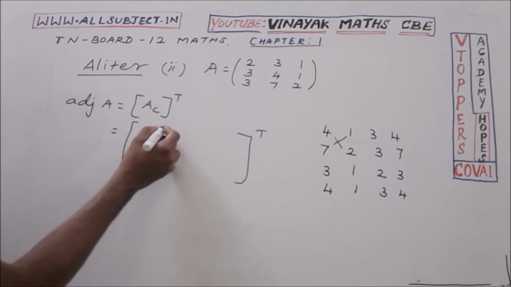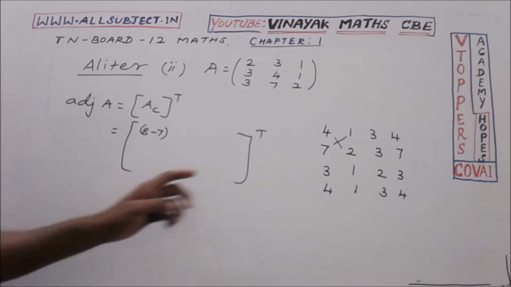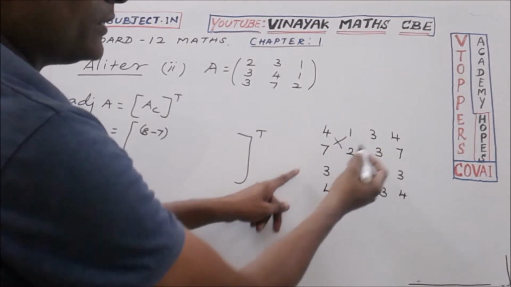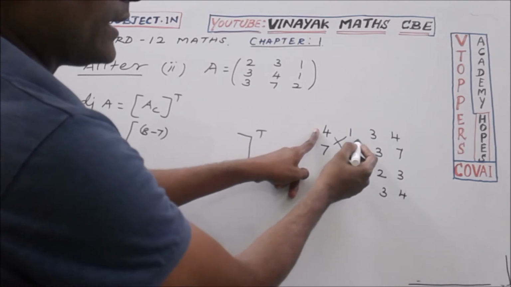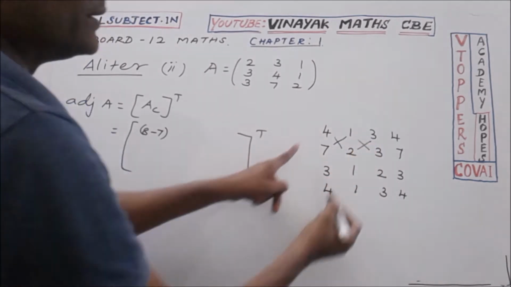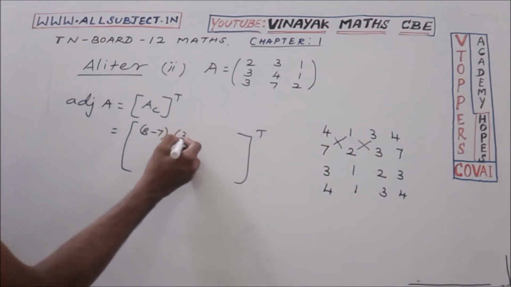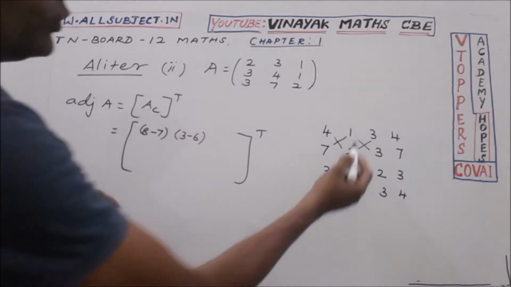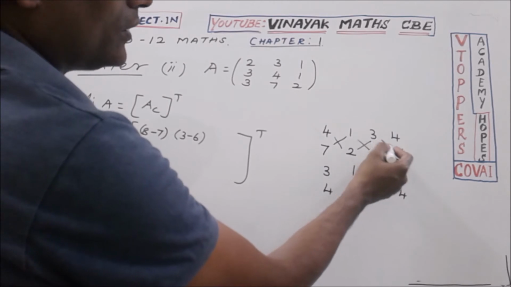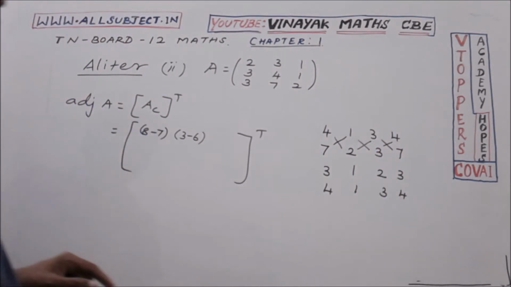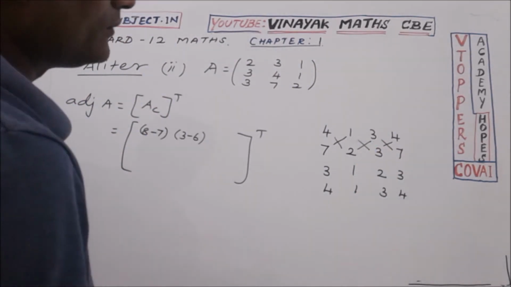So 8 minus 7. And then taking the next 4 elements, first 2 omitted, the next 4 is taken. I will calculate now 3 minus 6. And then move to the next 4 elements, 3, 3, 3, 4, 3, 7, 21 minus 12.